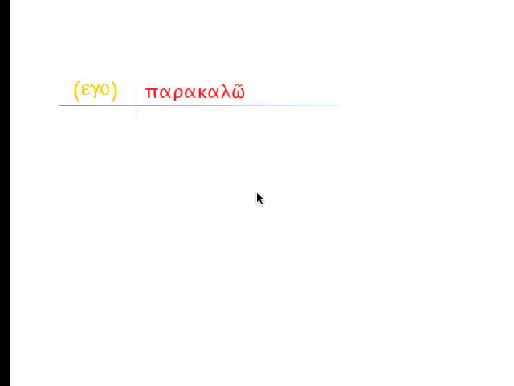So ego paraklao, and you can see here the basic diagram for a subject and a verb relationship, which is a straight line, and then the vertical line that separates them. So this is ego paraklao. So I urge.